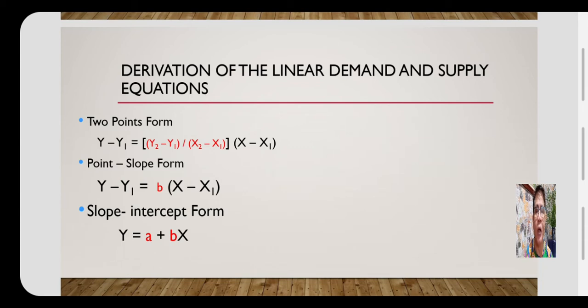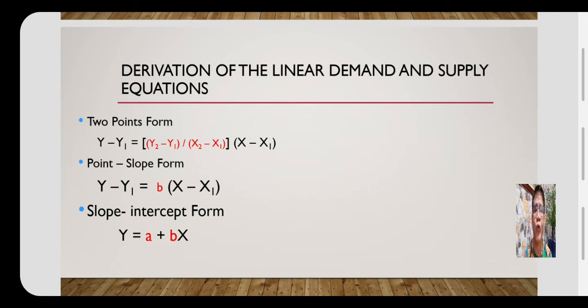Now, when we speak about 2 points form, 2 points form is given by the equation y minus y sub 1 is equal to the change in y over the change in x times x minus x sub 1. The change in y is actually y2 minus y1, and the change in x is x2 minus x sub 1.